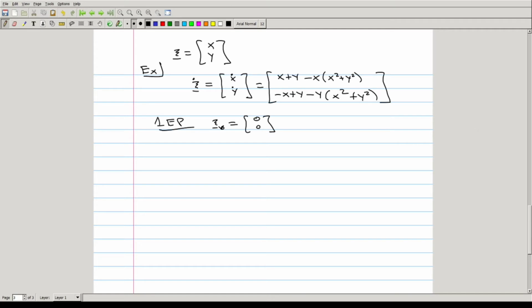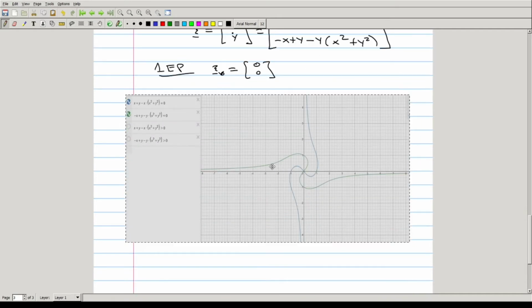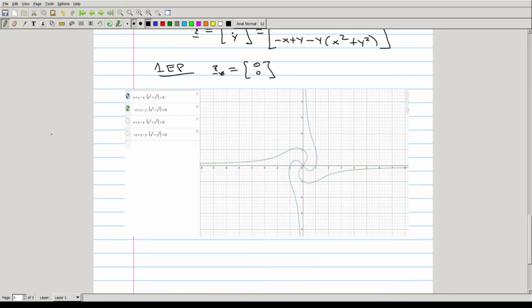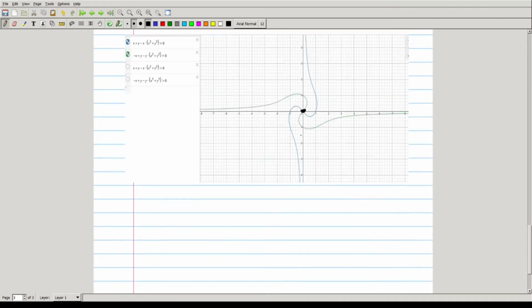And if you go through and use Desmos, say, to plot the null lines of this differential equation, you see very clearly that as long as the asymptotic behavior of each one of these null lines is consistent with this plot, the only equilibrium point is the origin here.